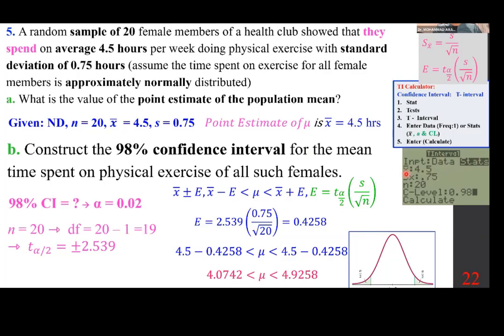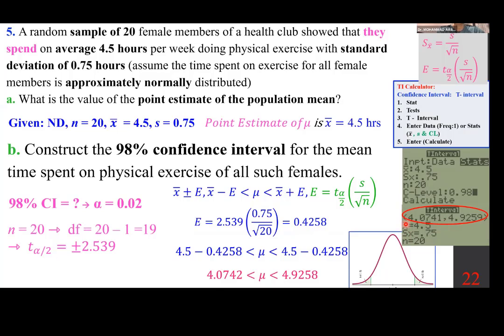Stats, that means we have X bar, 4.5, we have S, we have N, and we decided to go with 98%, 0.98 for the confidence level. We're going to calculate that. And as it calculates, it gives us again N, S, X bar, the same values we had here. They're slightly different because technology normally uses more decimals.